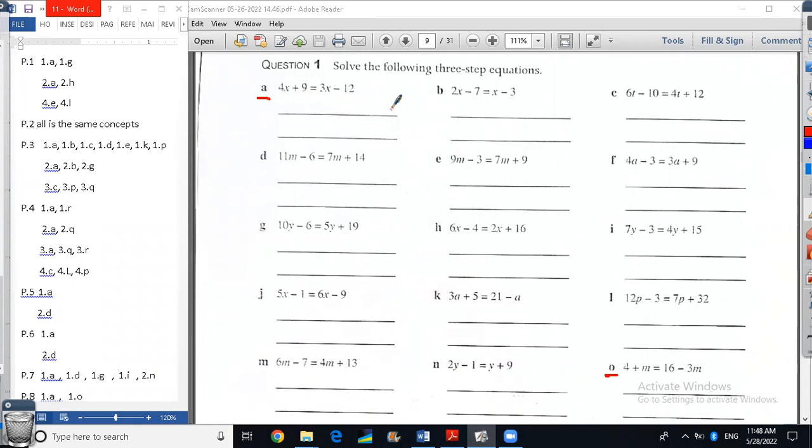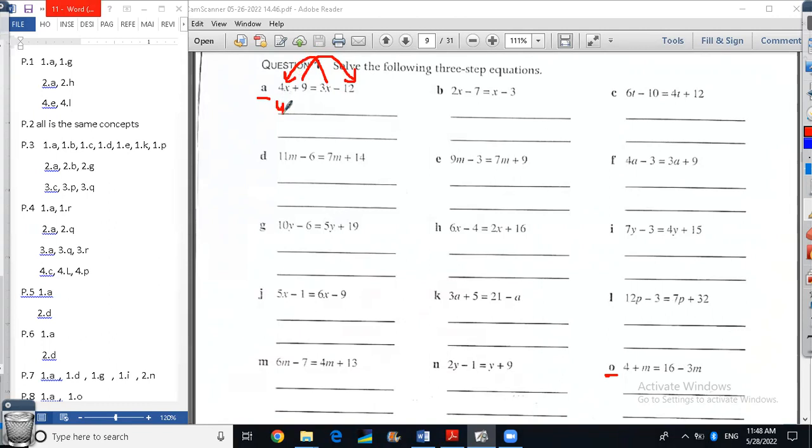Oh my God, what am I supposed to do here? Okay, very easy. Let's not panic. The only thing that we need to do here is just to get the x's together on the left side, the numbers that have no variables together on the right side. That will make it look very simple and easy once you're done with this step. Let's see. I'm going to get the x's over there.